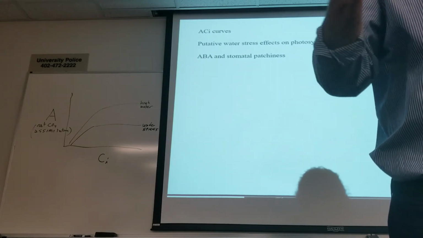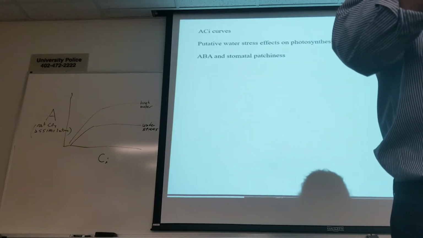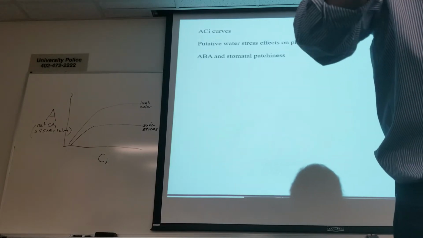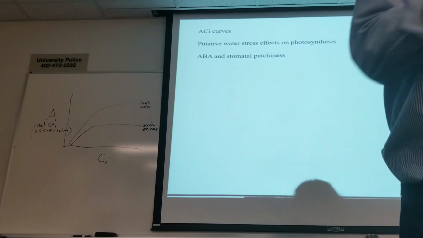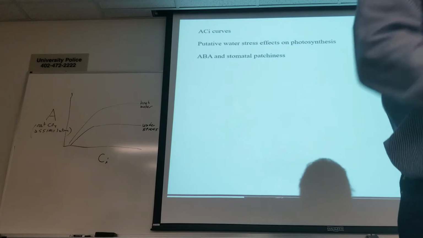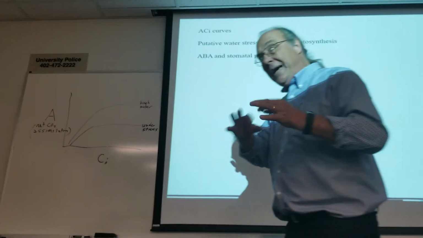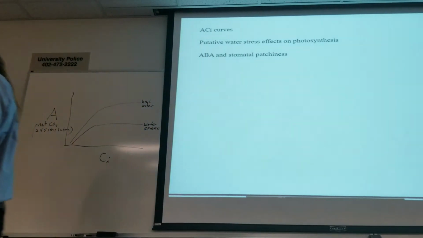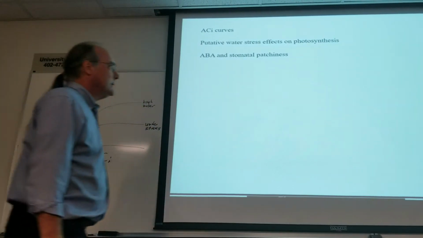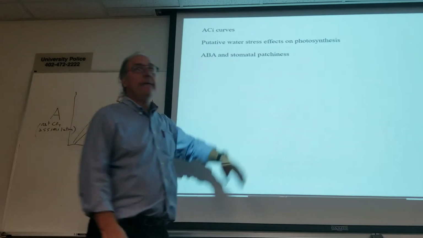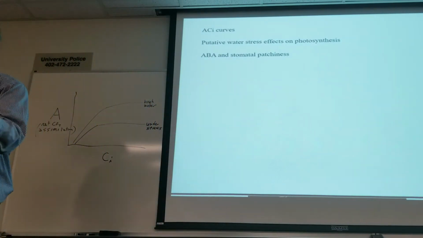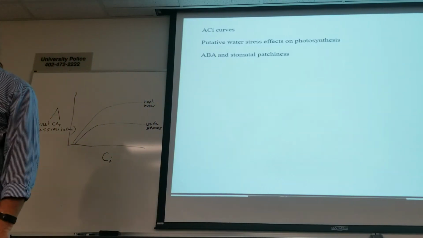And so if you do that, you can see a black patch here on the leaf and a lighter patch and another black patch and another lighter patch. These black patches must have been producing starch during this treatment. So this stomatal patchiness had been known for a while. And it was later discovered that ABA can cause patchiness in stomatal conductance.